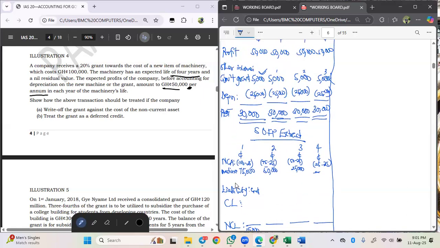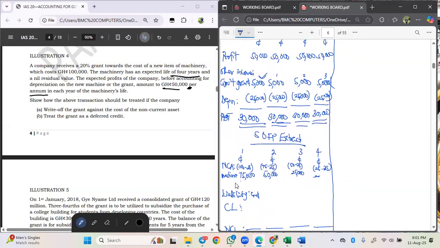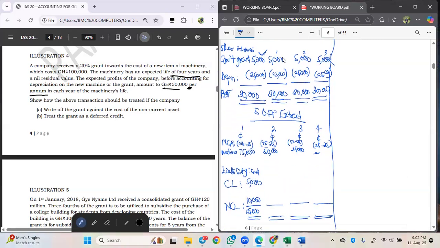Of the 15,000, how much will be held in current liability and how much in non-current liability? 5,000 for current liability and 10,000 for non-current liability. Now we are left with 10,000, which will come here as your balance.